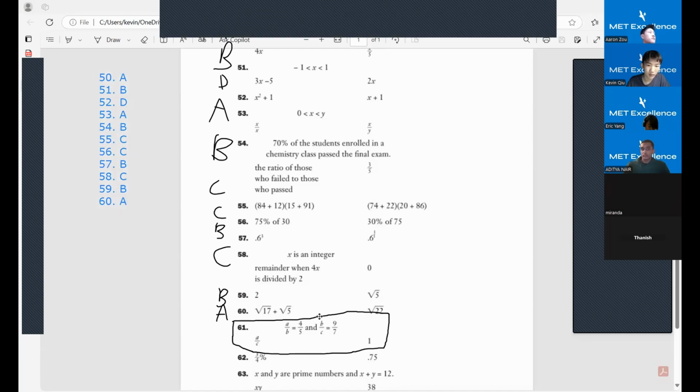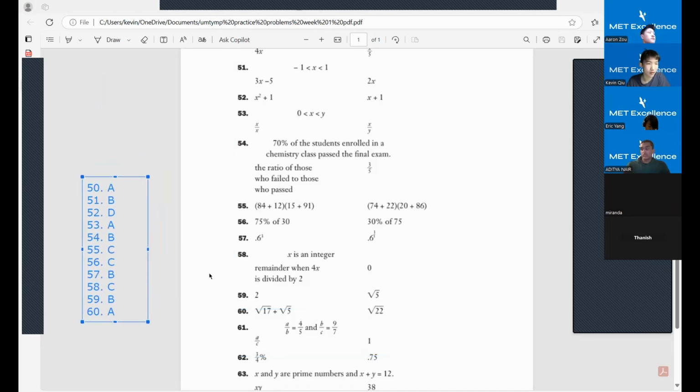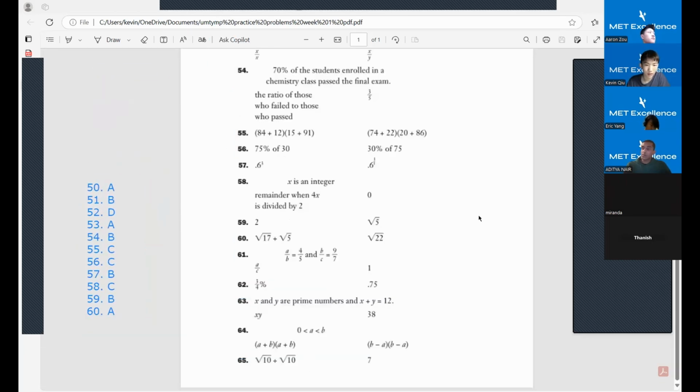Now should be good to get rid of all of this. Cool. Okay. Yeah, I can scroll down now.